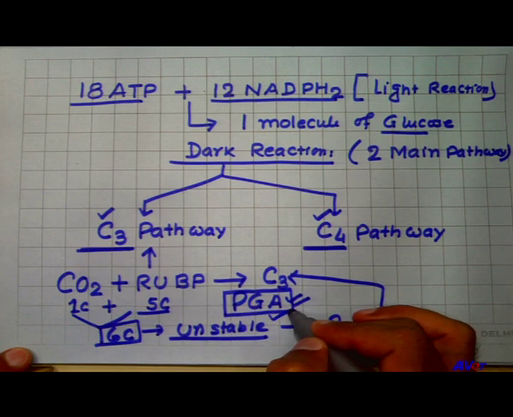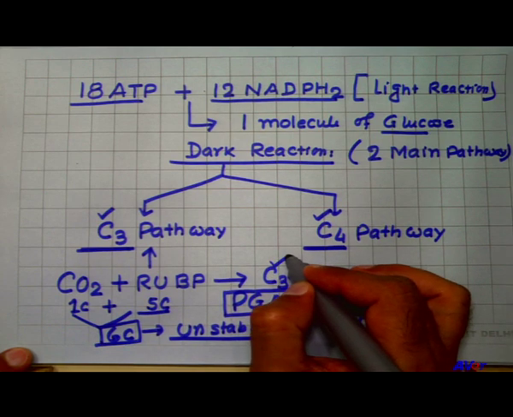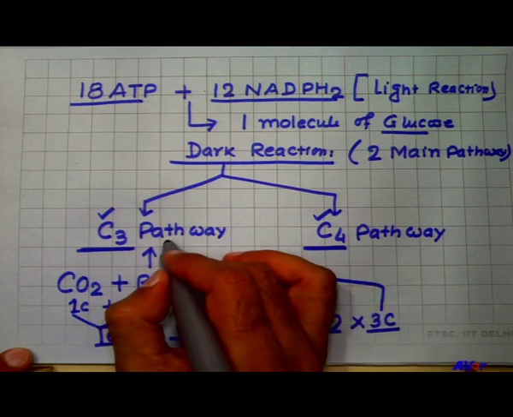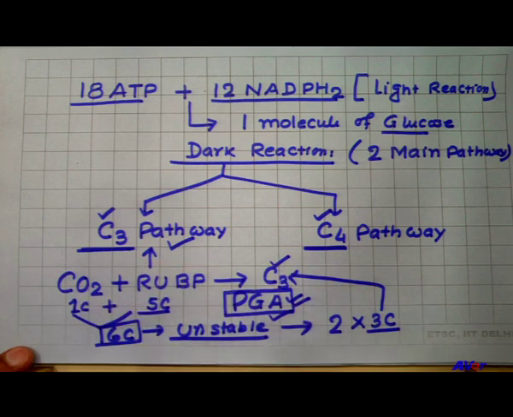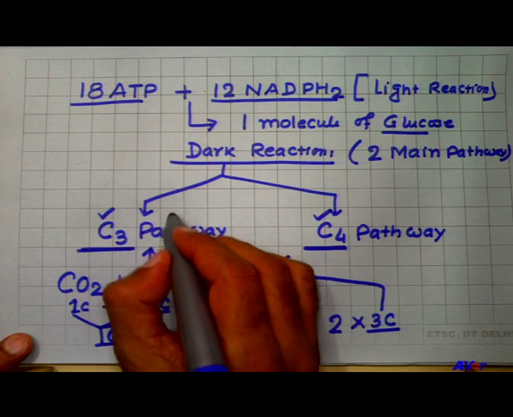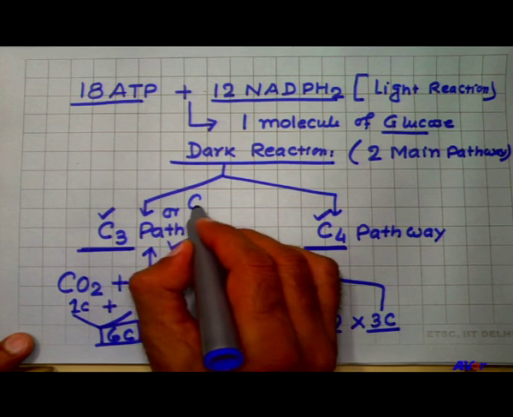So, when this reaction occurs in a particular plant and the first stable product is PGA, the carbon 3 compound, that pathway is called the C3 pathway. This pathway was traced mainly by Calvin, so this cycle is also called the Calvin cycle.